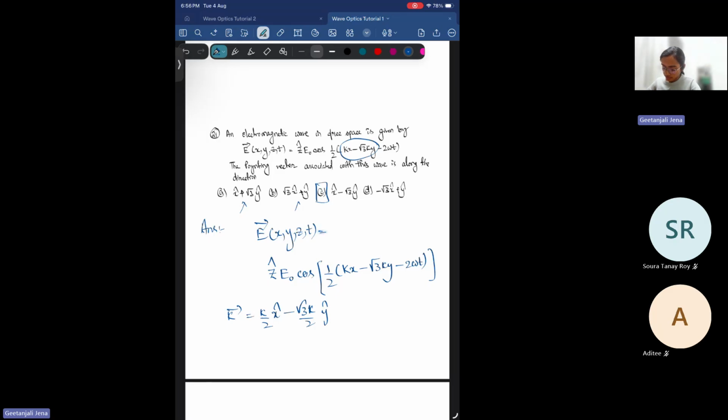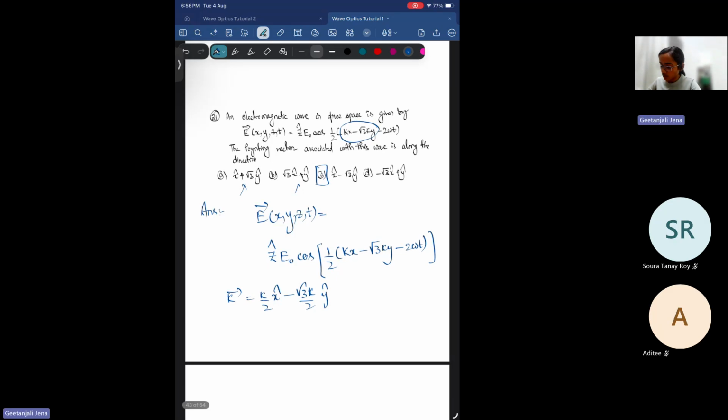So from this, you can easily see. If you take the unit vector, you can find out this is along x cap minus root 3 y cap.